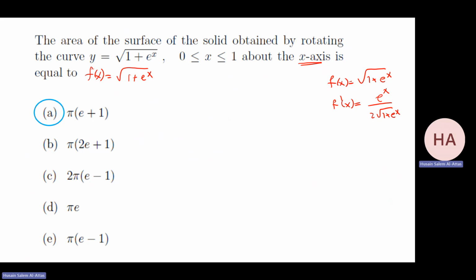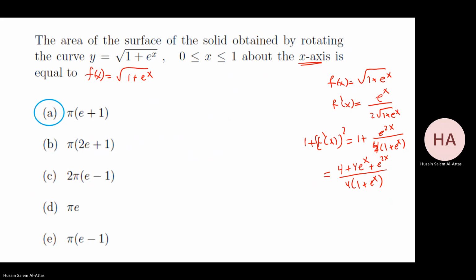Yeah. 1 plus f prime squared. That will be 1 plus e to the x over 2, 1 plus e to the x over 4. Okay, this is 4. So that will be 4 plus 4e to the x plus e to the 2x over 4, 1 plus e to the power x.